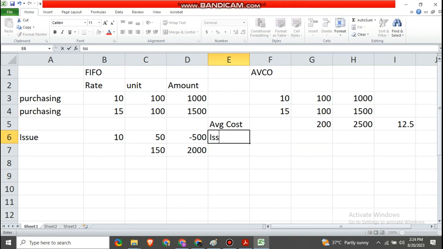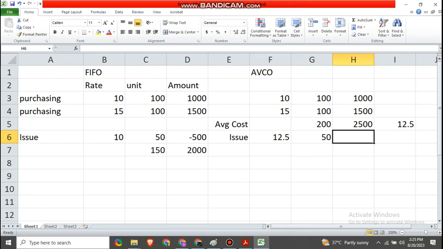Now if the same thing goes, and we issue it here, then instead of using the original cost, we'll use the average cost here. So we are issuing 50 units. Now the average cost per unit is 12.5.